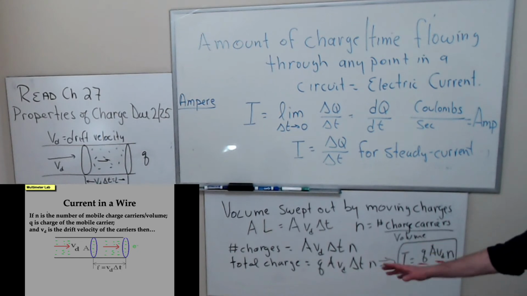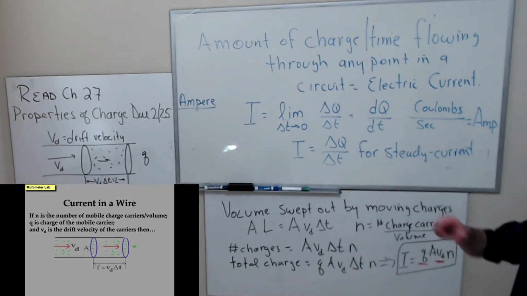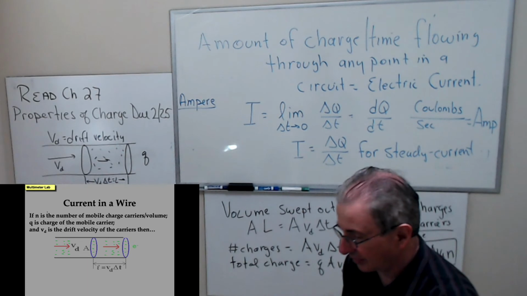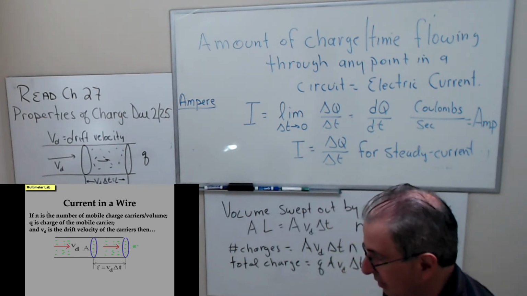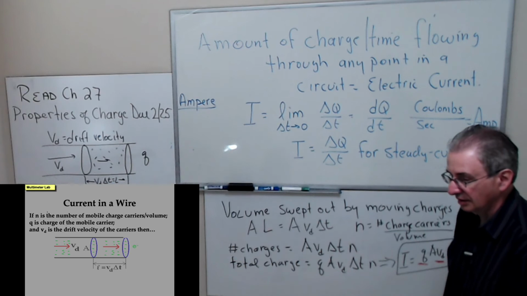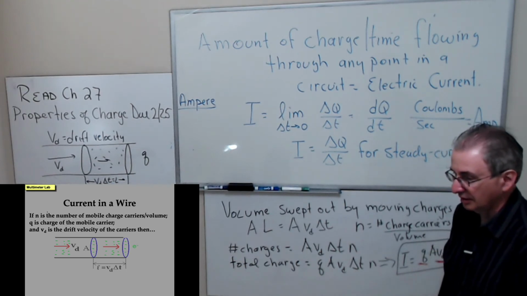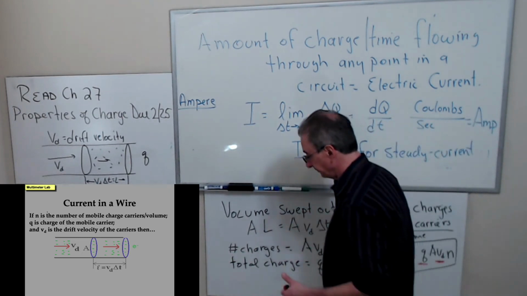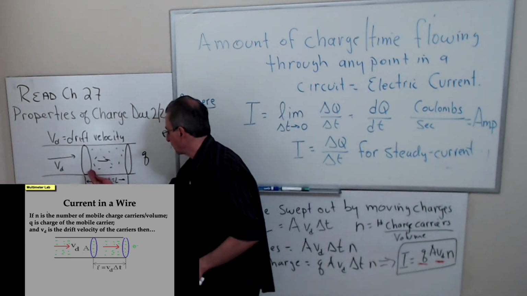Now this is not an accurate model. Why is what I did not an accurate model? Anybody want to guess? Well, first I assumed the current doesn't change anywhere along here.